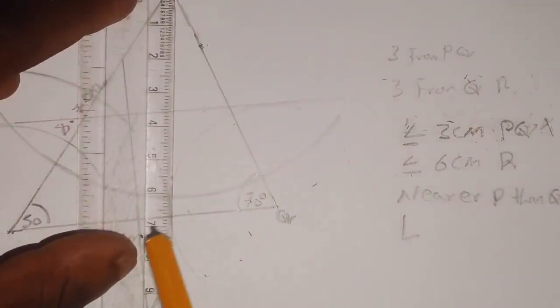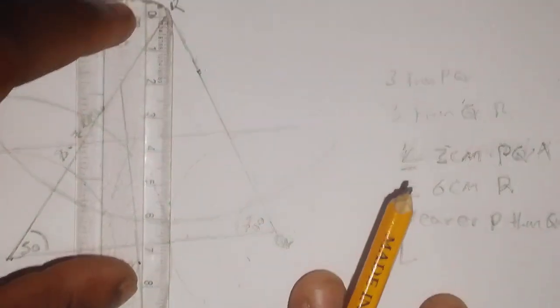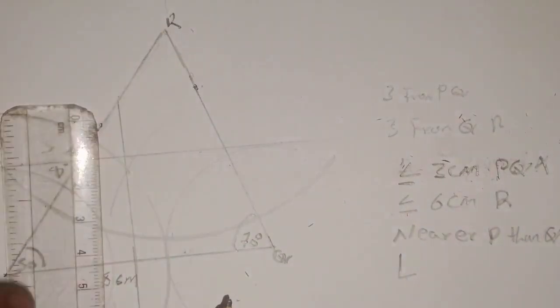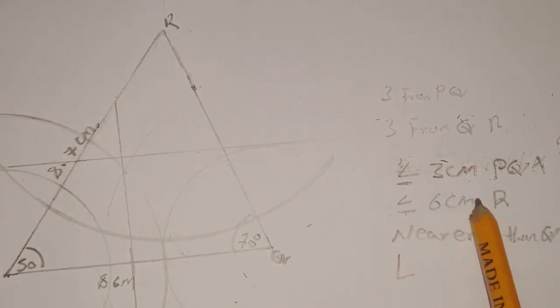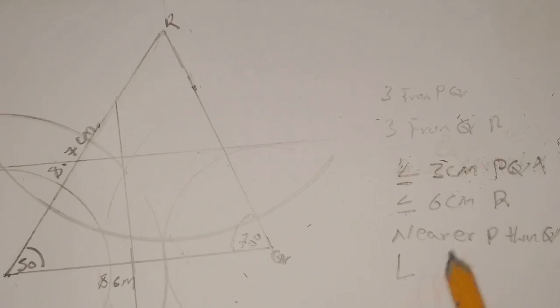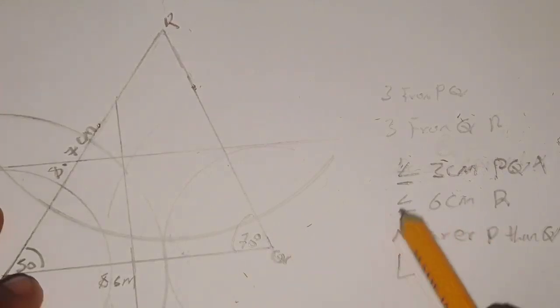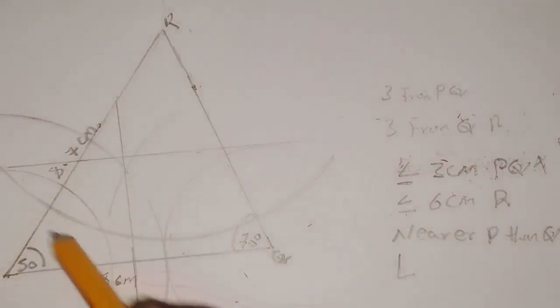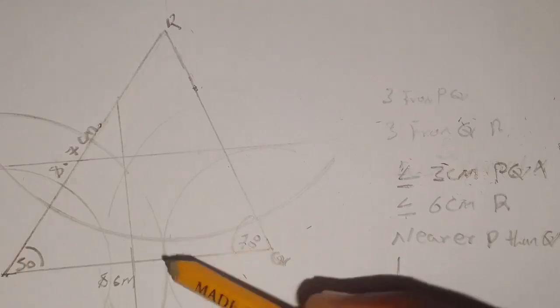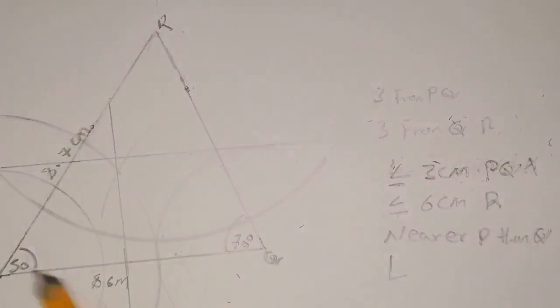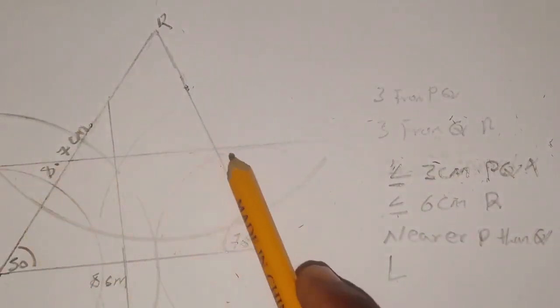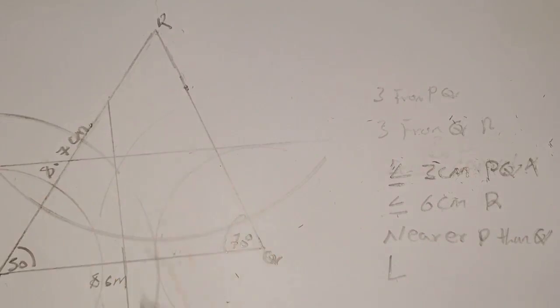So our L is less than or equal to 6 centimeters from R. This means that L must not exceed this line that we drew, which is 6 centimeters. So our L is not this part but this. We've known that our L is between here, but we don't know clearly where it is.